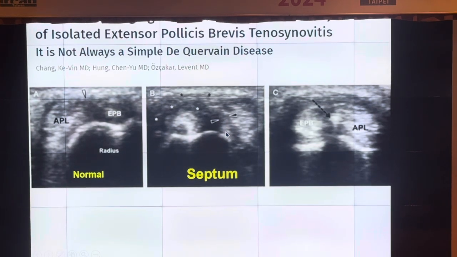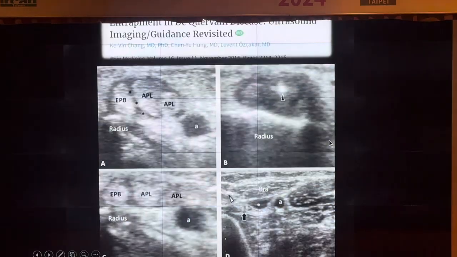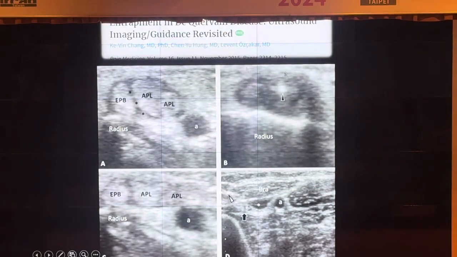Actually, the patient received a palpation-guided injection but failed. The reason, I think, is that the injector probably went to the wrong compartment. So later we used ultrasound guidance to let the injector go to the compartment containing the extensor pollicis brevis, and then the patient had completely pain relief.